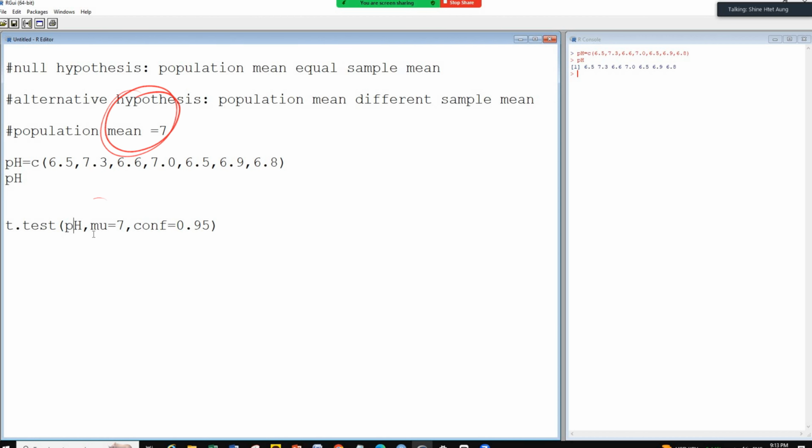Mu is the symbol for the population mean. If you have another population value, you have to put in that value, for example heart rate 72. This is for the drinking water standard value, the population mean, that's why 7. The confidence level is 0.95, which means a 95% confidence level. At this confidence level, we will determine how much difference there is. So I will calculate.